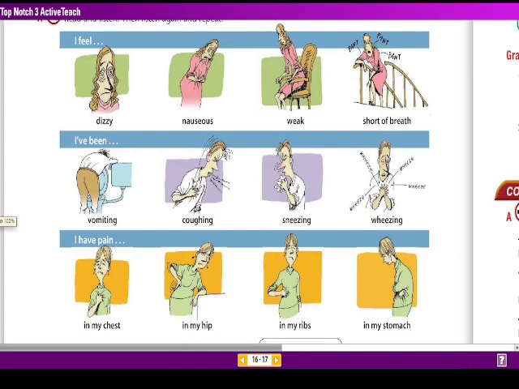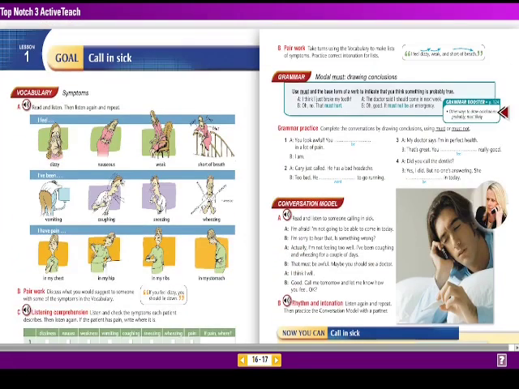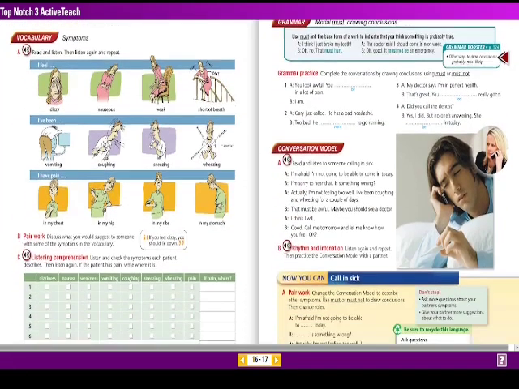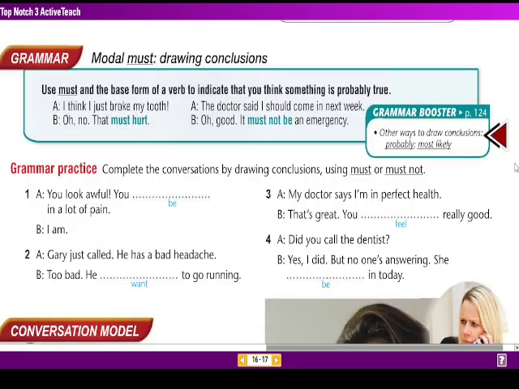So, now we know how to express our symptoms, okay? Then we have, for example, the modal must. Must is a modal verb and it is sometimes used to indicate a conclusion.